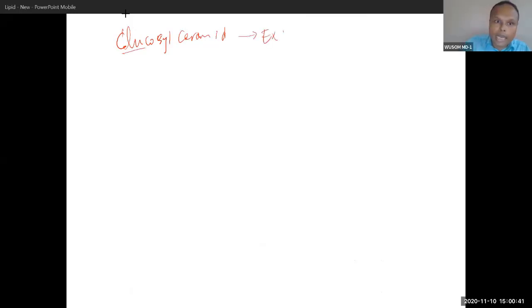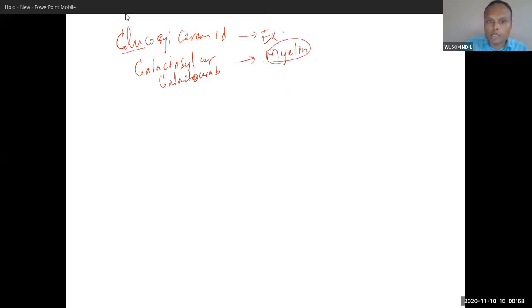Yes. Glucosylceramide, or glucocerebroside, is in extraneuronal tissue. Galactosylceramide, or galactocerebroside, is forming what? Myelin. Very good. Galactose is special, and it is present in a special type of drink, milk.